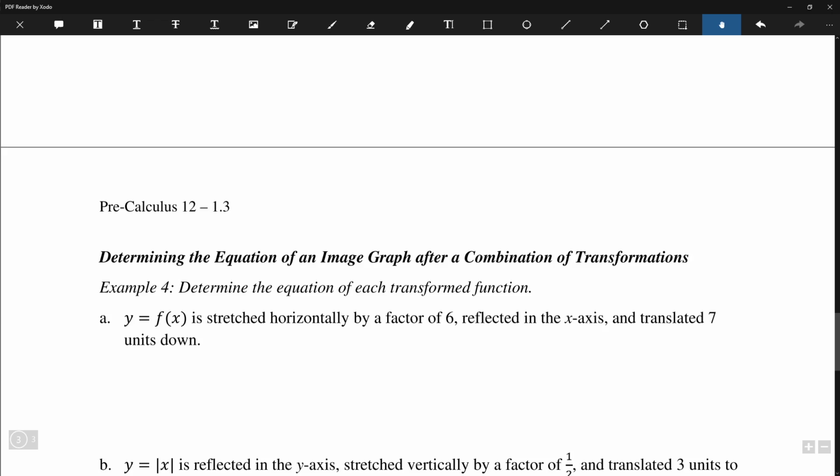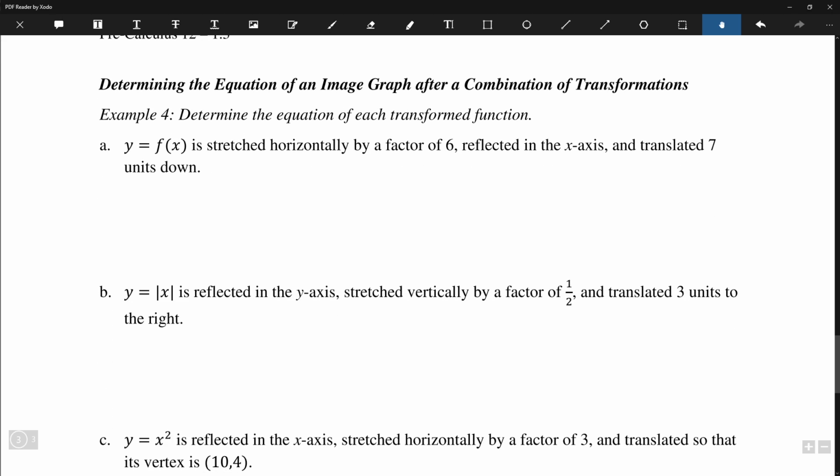Moving on. Some quick examples, kind of the reverse of what we did. We have y equals f of x, and then a bunch of transformations that need to happen, and what is the resultant function? It is reflected in the x-axis, horizontally stretched by a factor of 6, and translated 7 units down.